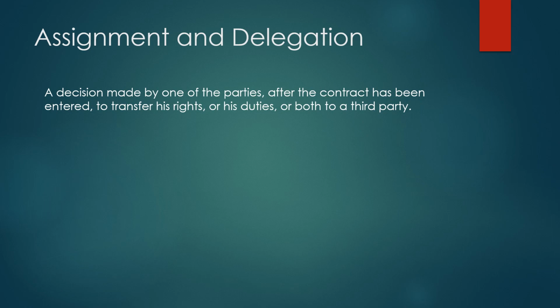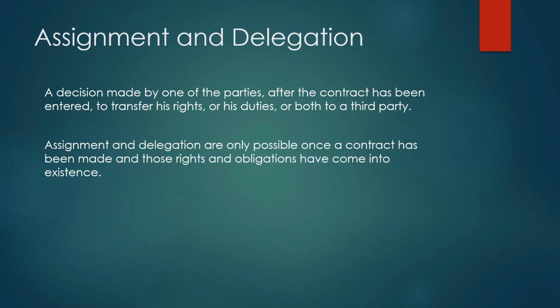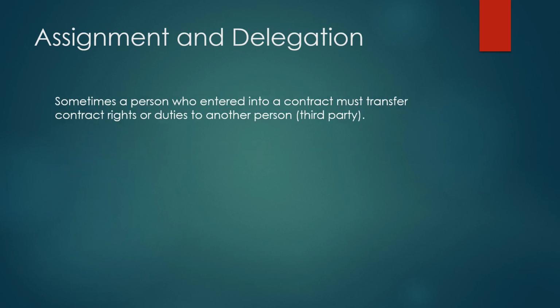And one of the parties, maybe even both of the parties to the contract, have this third party that they want to transfer rights or duties to. And so assignment and delegation are only possible once the contract has been made. Sometimes the person when they're entering the contract has to do this.